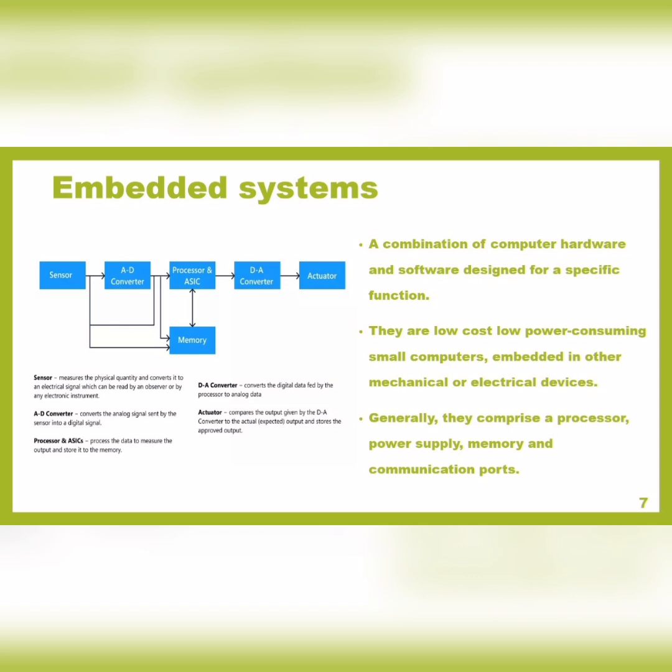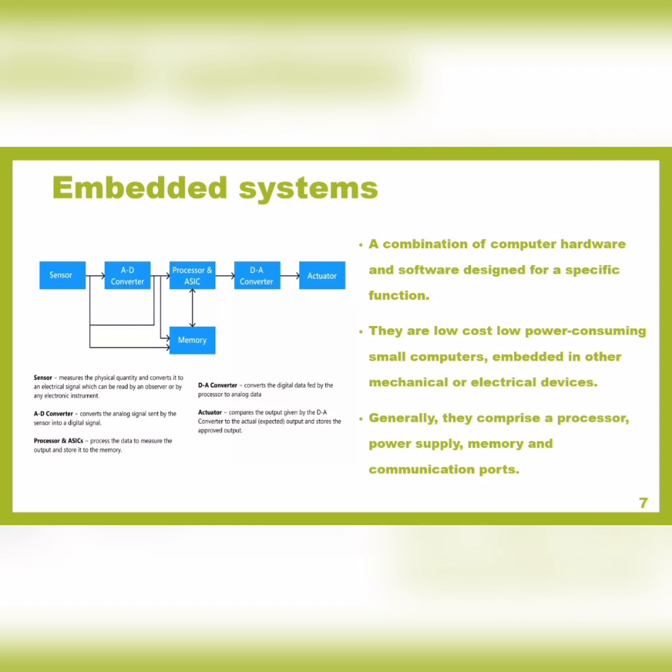A to D converter converts analog signal sent by the sensor into a digital signal. Processor and ASICs processes the data to measure the output and store it to the memory. D to A converter converts the digital data fed by the processor to analog data.